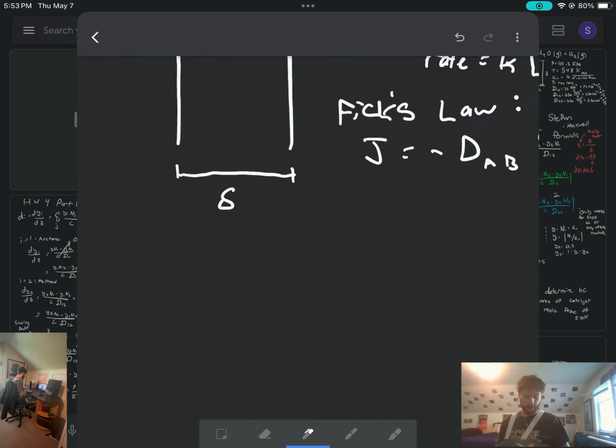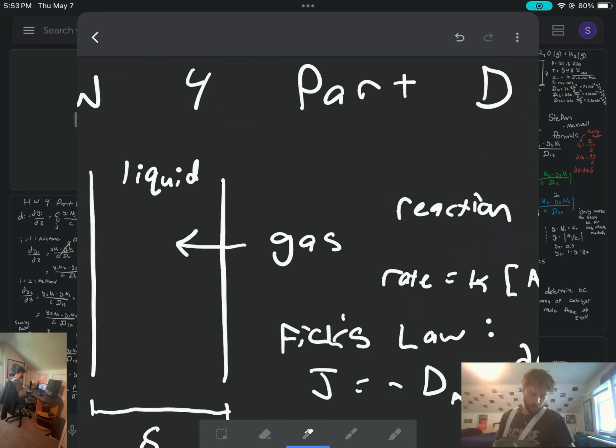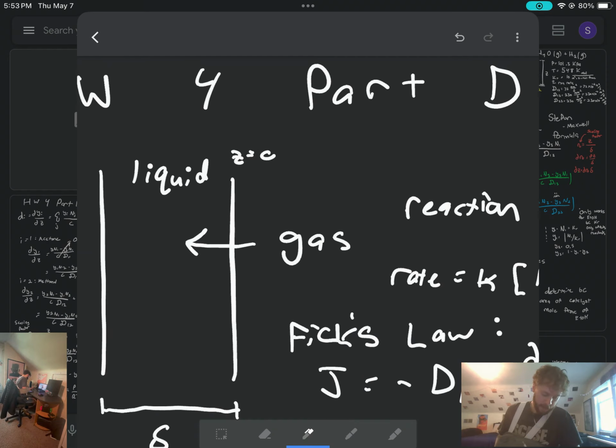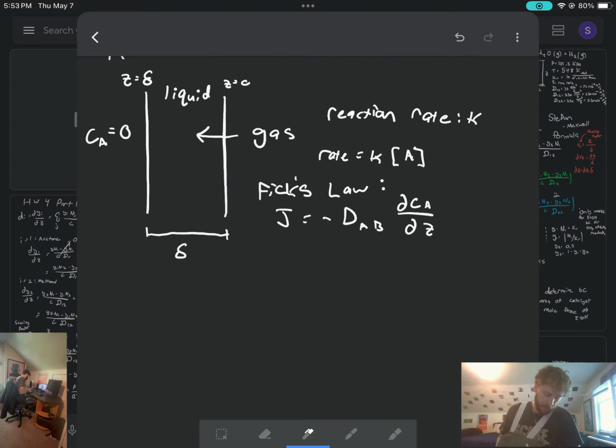So in our case here, we'll set boundaries. Here we'll say at the interface, position is going to be 0, and then past the film, we'll say that our distance z equals delta.